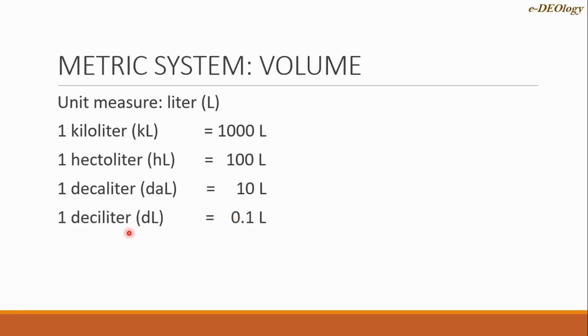The next is deciliter, symbolized by dL. 1 deciliter equals 0.1 liter. We may write 1 liter equals 10 deciliters. The next is centiliter, symbolized by cL. 1 centiliter equals 0.01 liter.